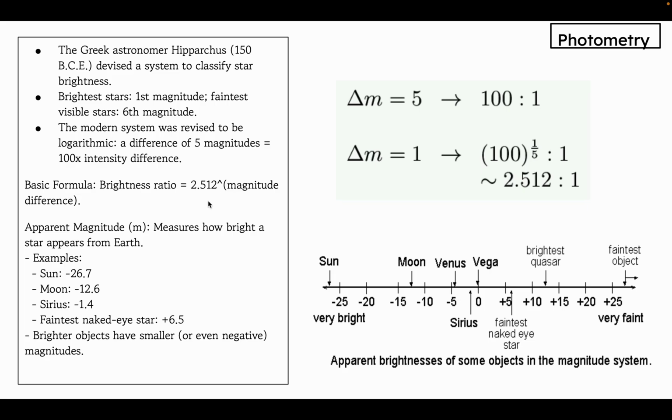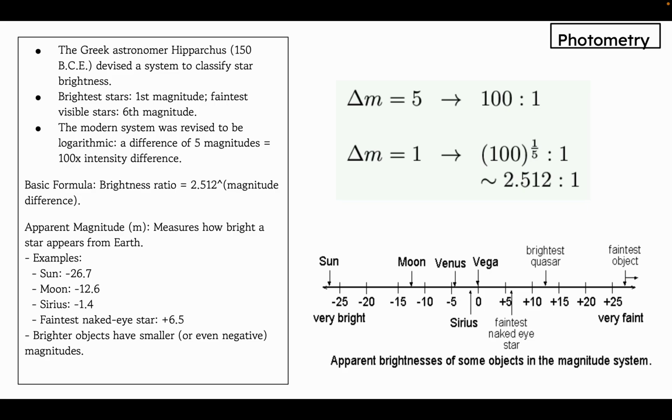The apparent magnitude measures how bright a star appears from Earth. From the Earth, we take Vega's brightness as 0, and Sirius has a brightness of minus 1.4. Venus has a brightness of minus 5, whereas the Moon has a brightness of minus 30, and the Sun is very bright, with a brightness of minus 2.6.